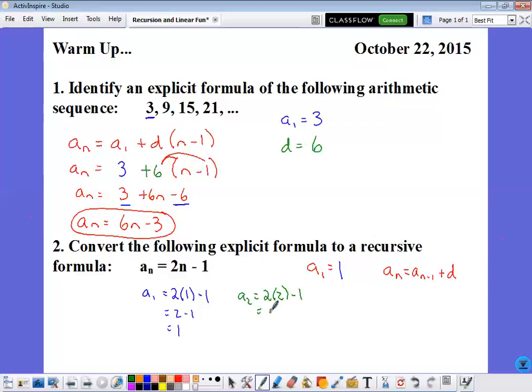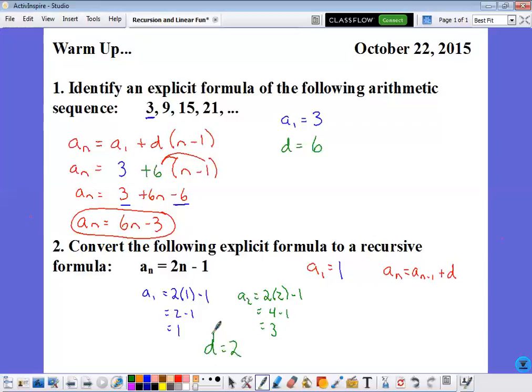We can do our multiplication and get 4 minus 1, and then 4 minus 1 gives us 3. So our next term is 3. So in order to find the difference, if I start at 1 and I'm going up to 3, I'm going up by 2. So my d value, which I'm going to write just down here, is 2.